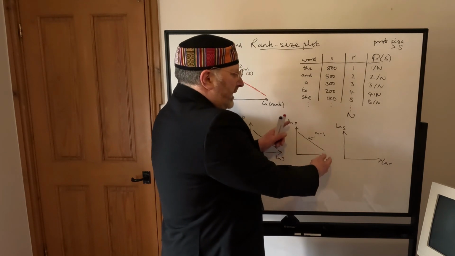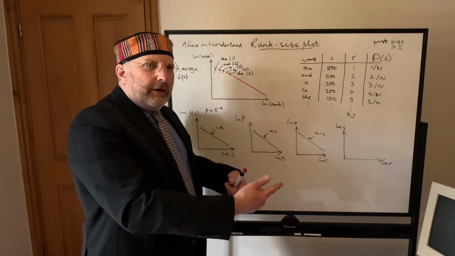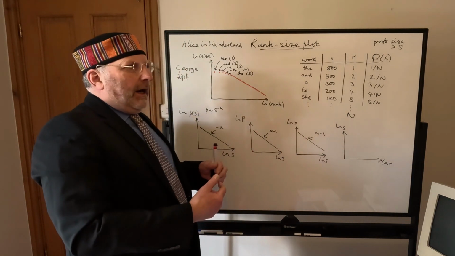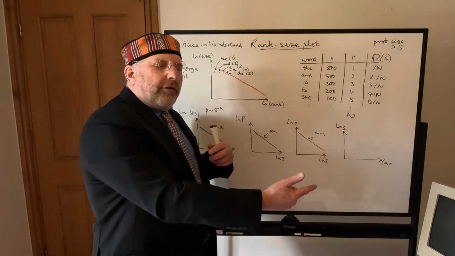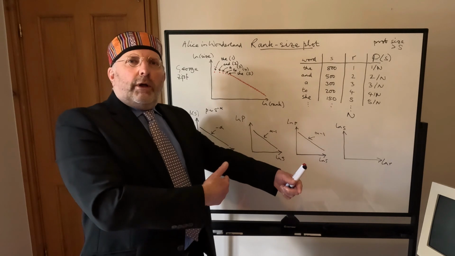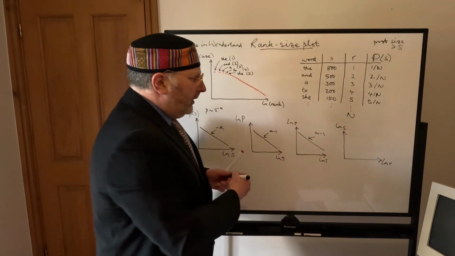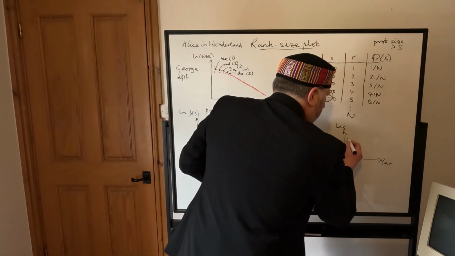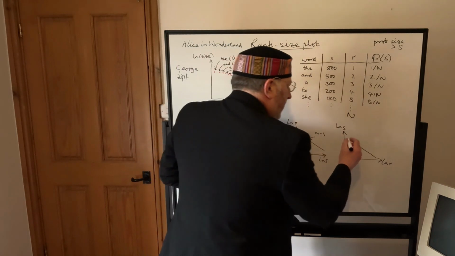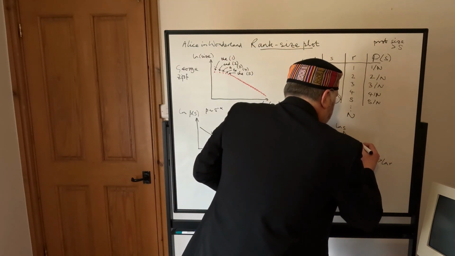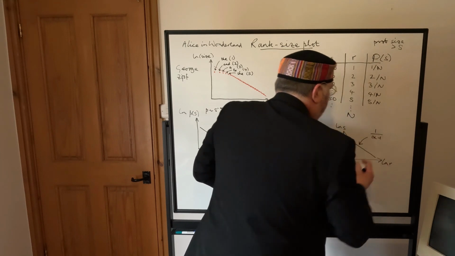What changes though is the slope. So it just becomes 1 over the slope. So if we switch the axes, a 1 in 3 slope becomes a 3 in 1 slope. We just flip it over, take the reciprocal. So if we plot log of size against log of rank, we should still expect to see a straight line, but now the slope will be 1 over alpha minus 1.